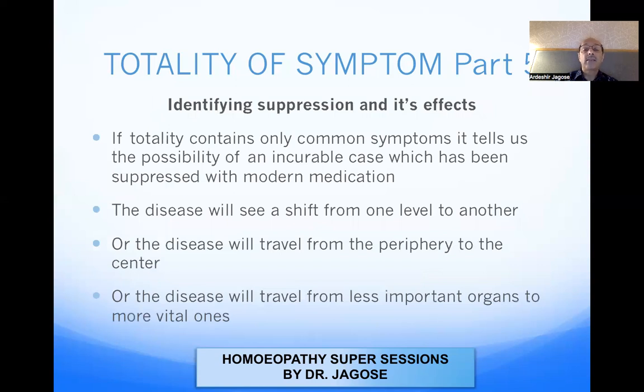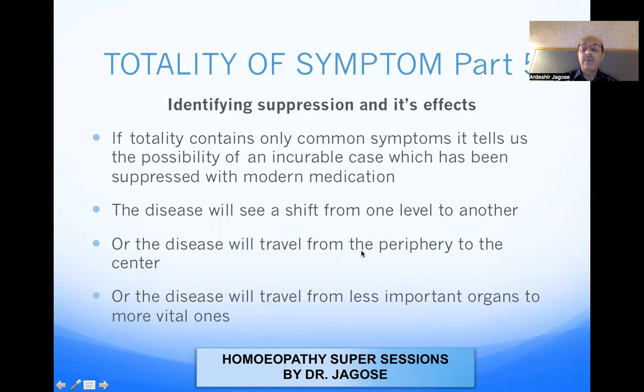Identifying suppression and its effects. If the totality only contains common symptoms, it tells us the possibility of an incurable case which has been suppressed with modern medication. So you have to remember that if only common symptoms are present, probably end organ damage has occurred, or it is probably an advanced pathological case, and the patient has taken excess of modern medication. And when suppressed, remember the disease will shift from one level to another.